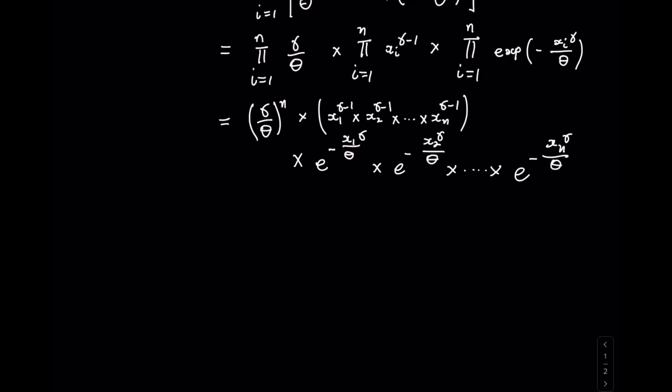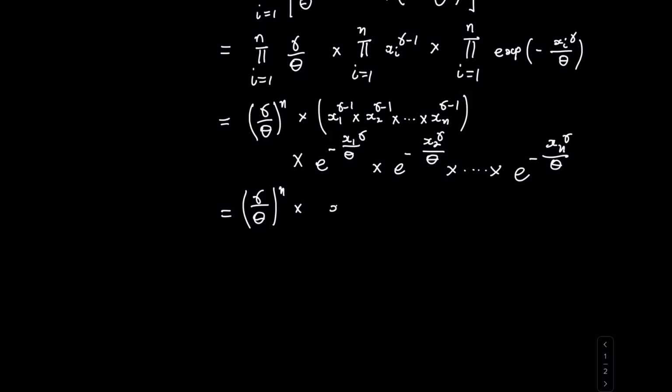So for the first term, there's no change for this particular gamma on theta. So we're just going to rewrite gamma on theta to the power of n. For these terms here, because they all have the same power, we can take the power outside of the multiplication.